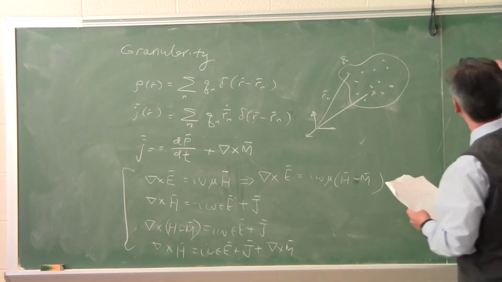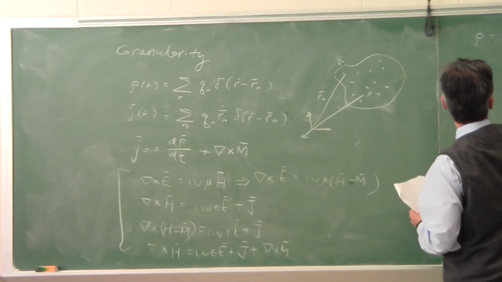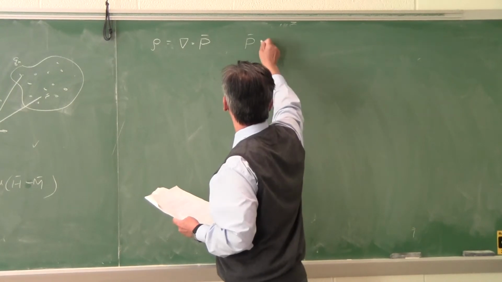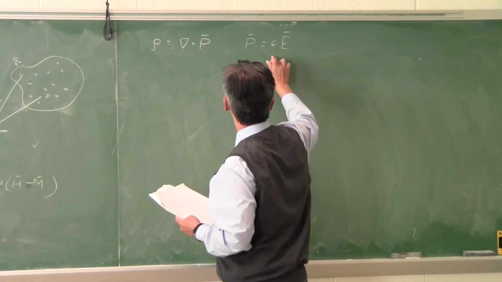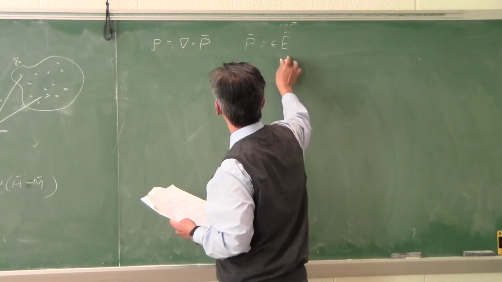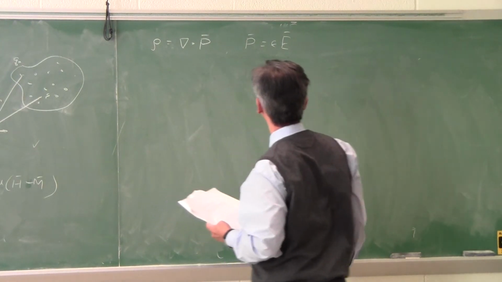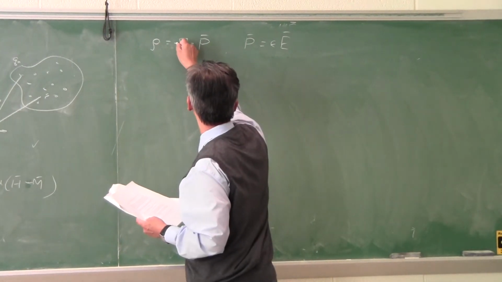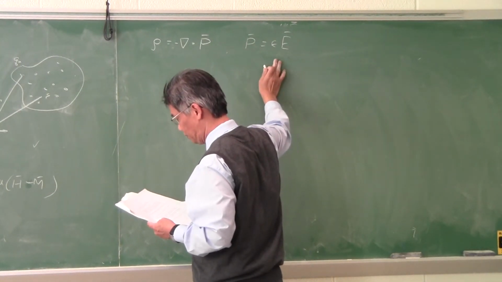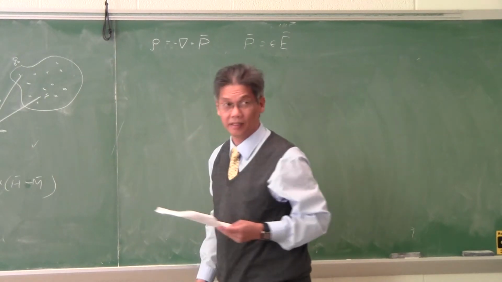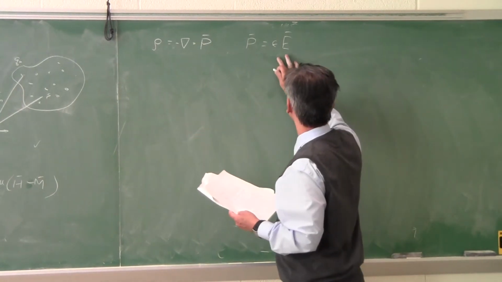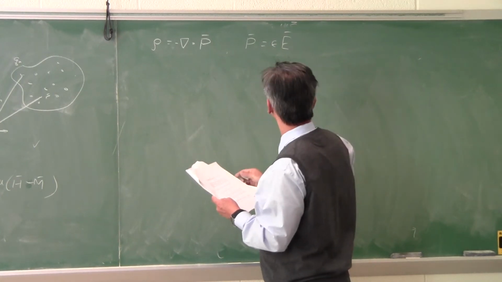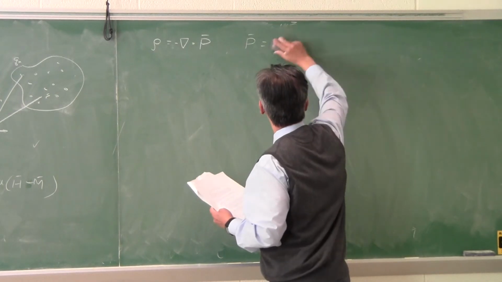But we know that charge is the divergence of P. That we know from Maxwell's equations. P is something like epsilon times E. So if you take the divergence of P, you get charge, or minus the divergence of something. I think this is correct, right? It's kappa, is it kappa? Maybe some chi, maybe something like that.